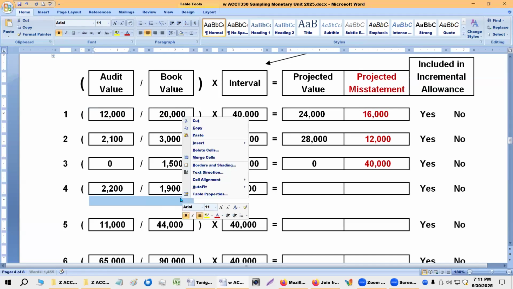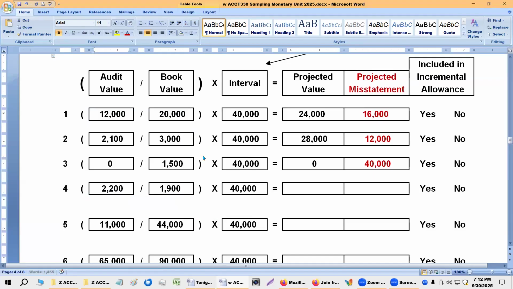Okay, so this is an understatement. Understatements are ignored.